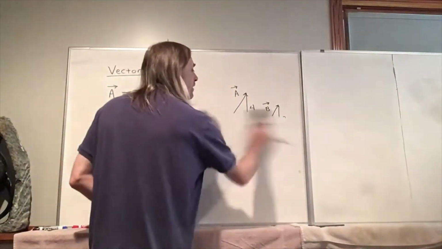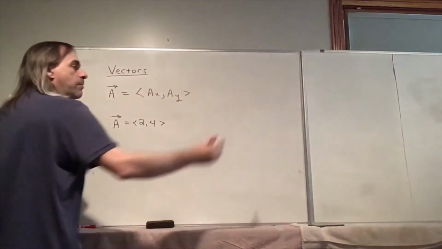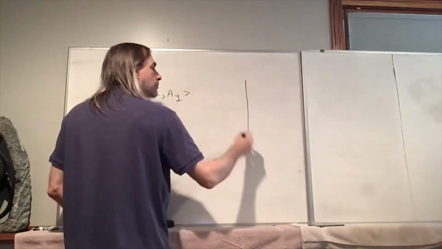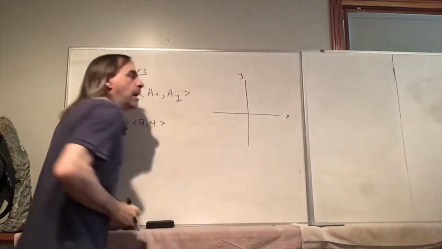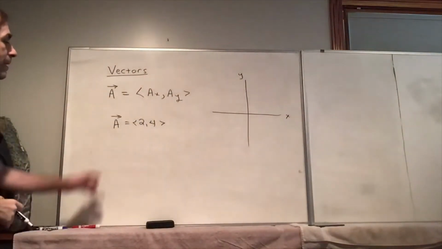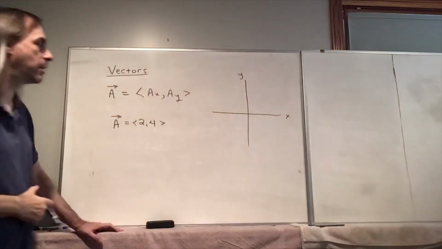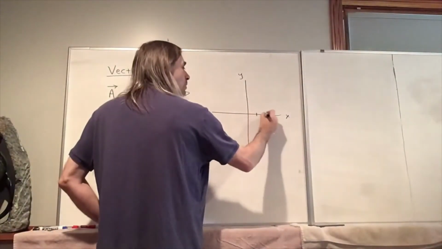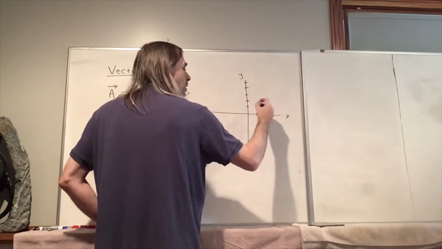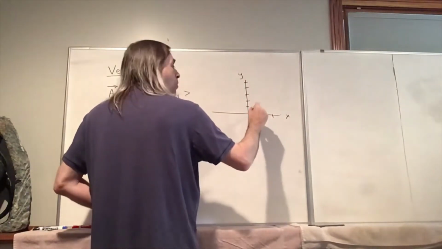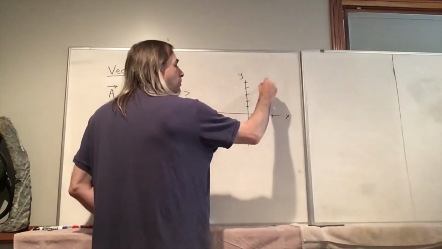One more important thing. Let's stick with this example. Now, we usually have a coordinate system in mind, and we can draw this vector in a coordinate system where, let's say, we looked at the point 2, 4.